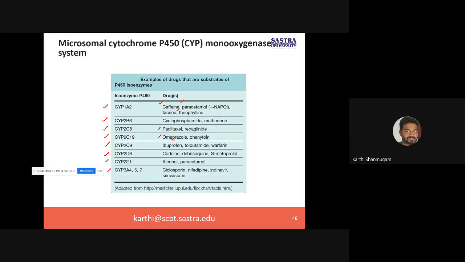Ibuprofen and warfarin, very commonly used drug molecules, are metabolized by CYP2C9.